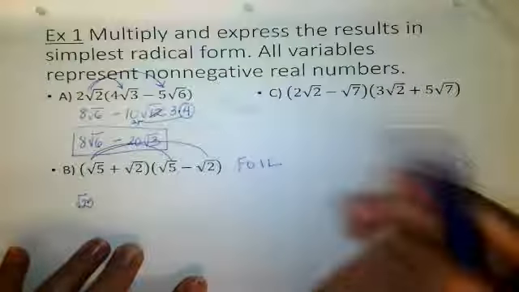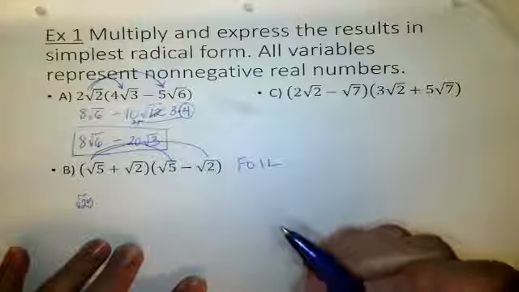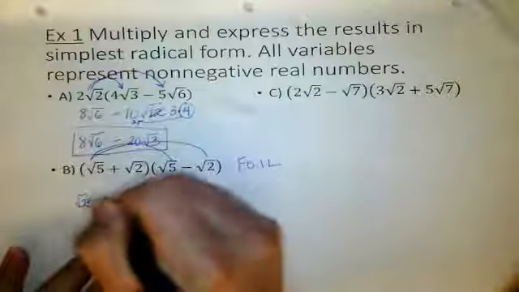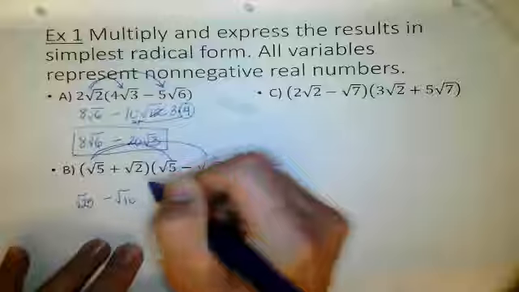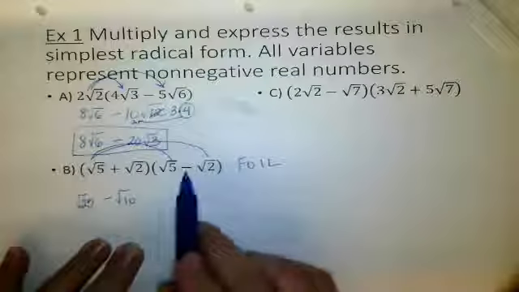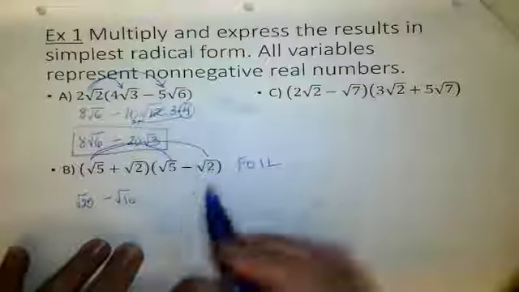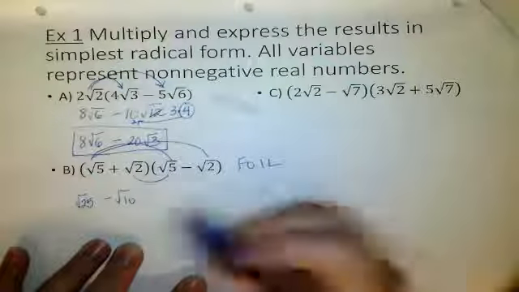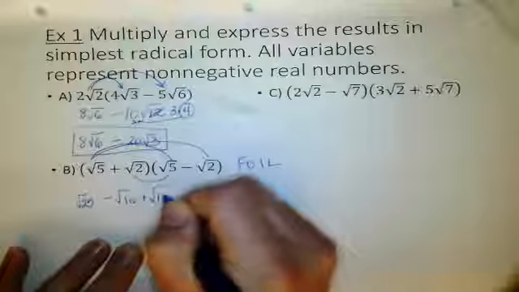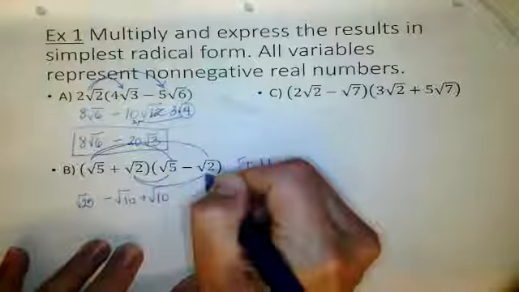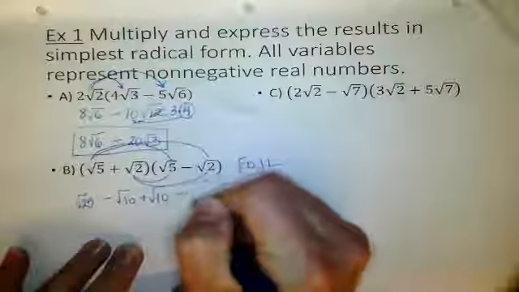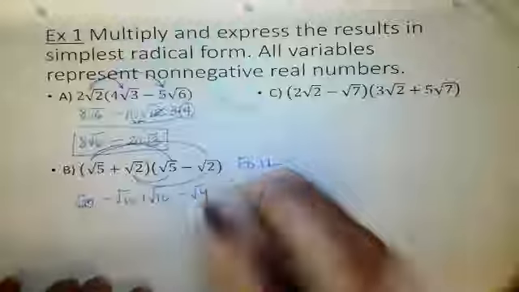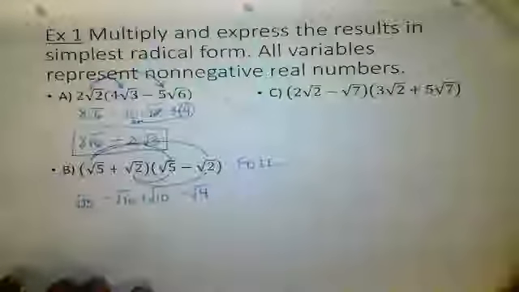And then the outside is negative radical 10. Very good. The inside is what? Positive radical 10. Very good. And last times last is negative radical 4.